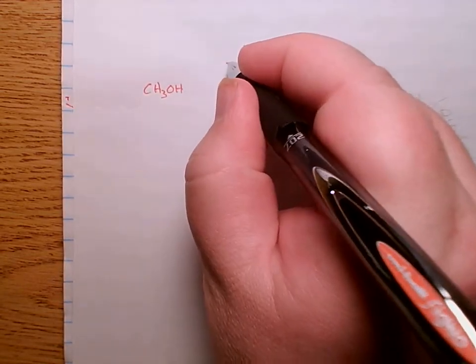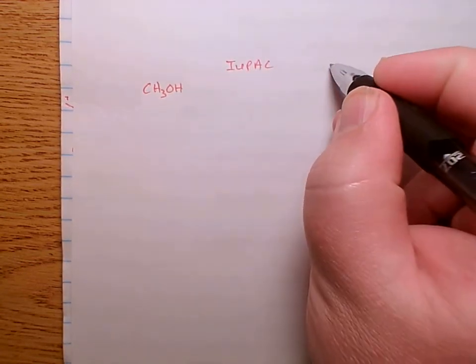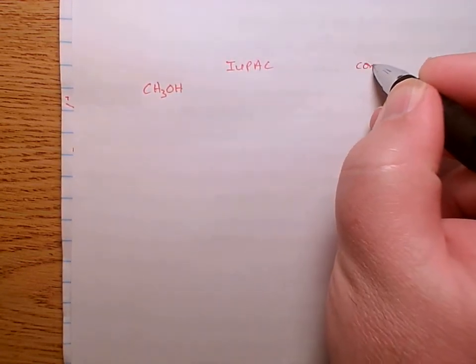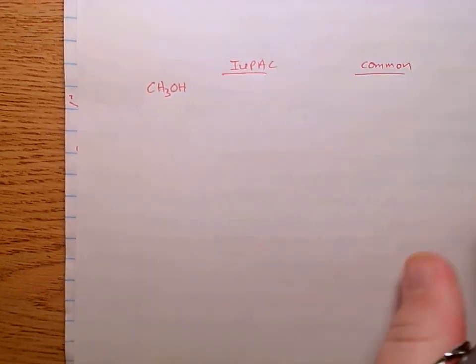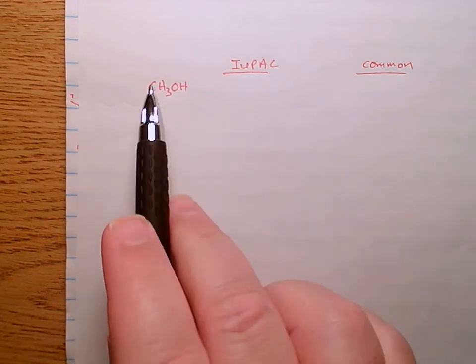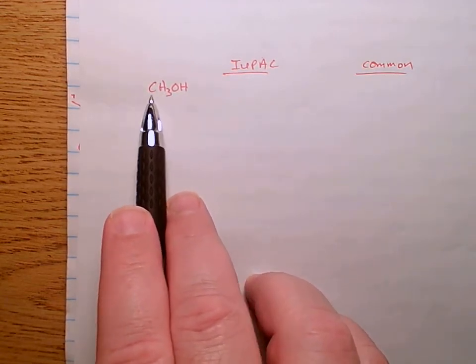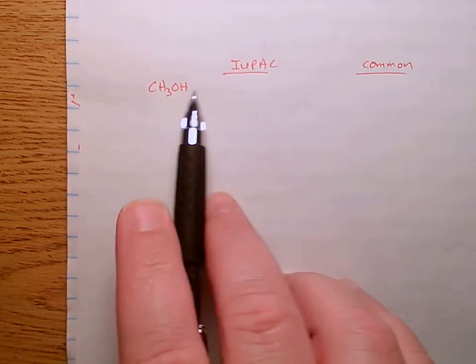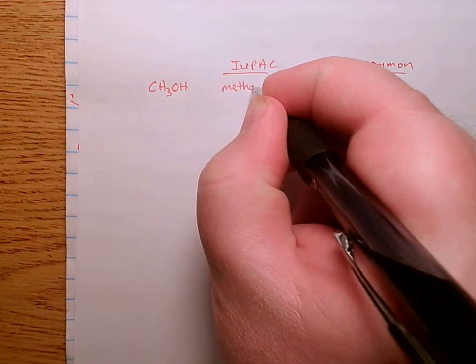CH3OH. How would IUPAC name it? What would the common name for it be? Well, IUPAC is pretty straightforward. We've got a methane group here, but it's an OH, it's an alcohol, so IUPAC would call this methanol.